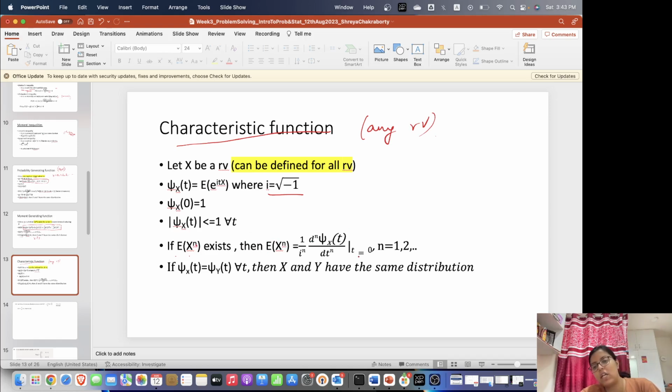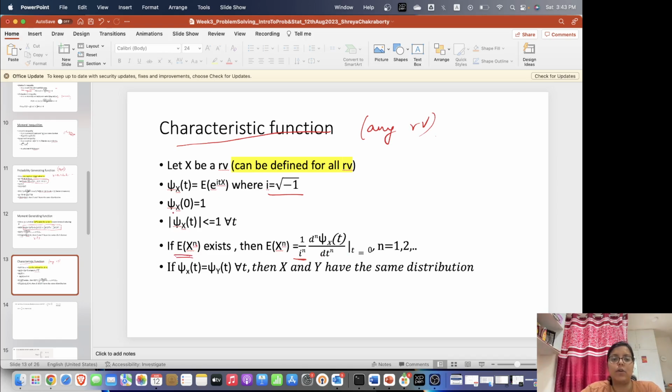We differentiate up to nth order, find the value at t equal to 0, and multiply it by 1 by i to the power n, and then we land up at expectation of x to the power n.